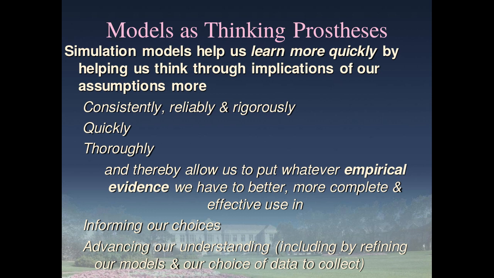We have great powers to which we can apply our minds, our brains, but there are limitations. And one thing people are just not very good at is quantitatively understanding the implication of a certain set of assumptions that are quite complex and tangled.